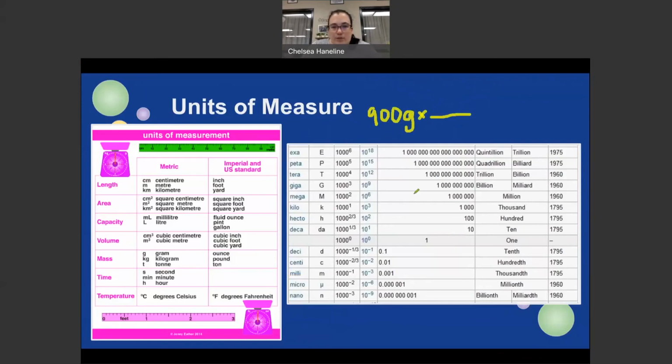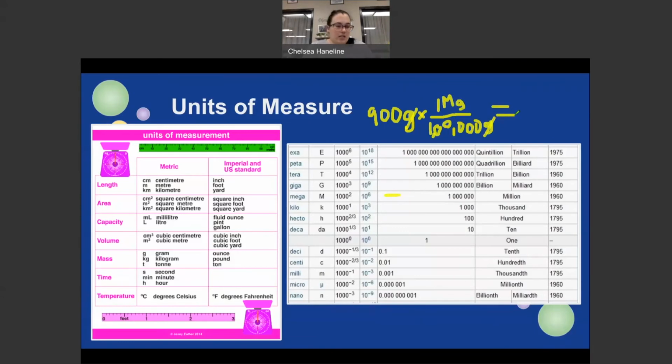So I want to go to this unit here. I know that there are 1 million grams in 1 megagram. So my grams cancel.